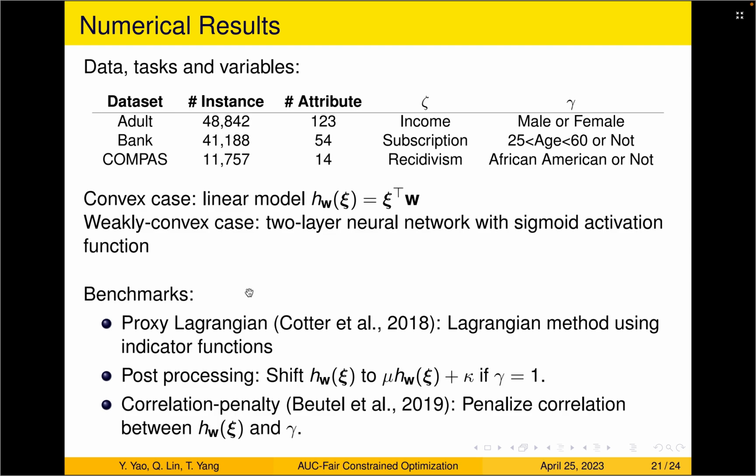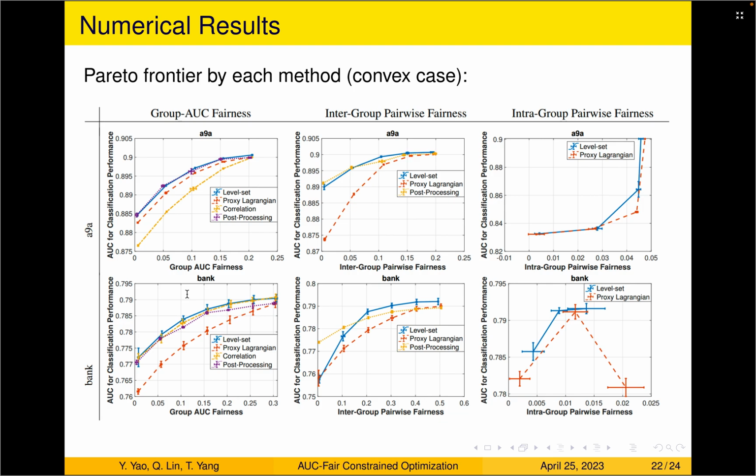Here we compare with three benchmarks: proxy Lagrangian, post-processing, and correlation penalty. And this is the Pareto frontier by each method in the convex case.